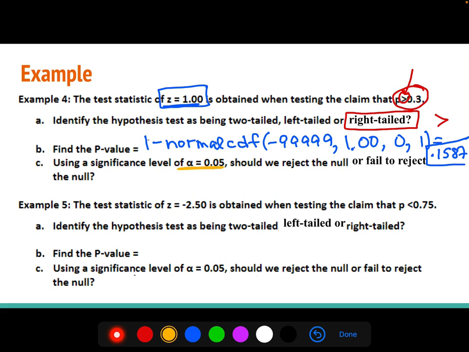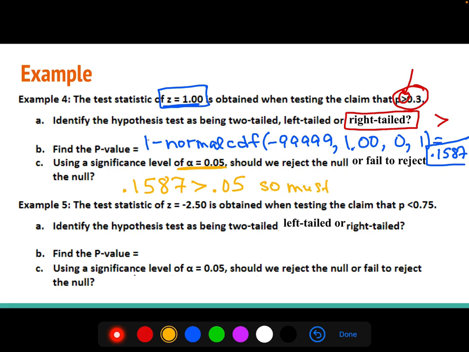Now my next one. Using a significance level, alpha is going to be 0.05. Should we reject or fail to reject the null? So our answer of our p-value was 0.1587. And is it greater than 0.05, which is our alpha? Yeah. Since it is greater, this is true.